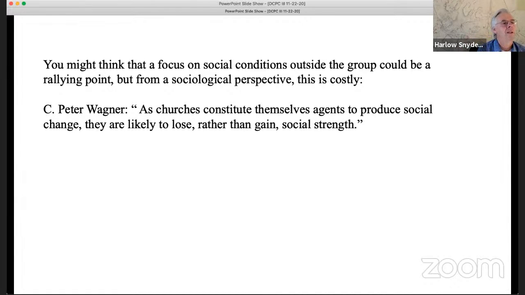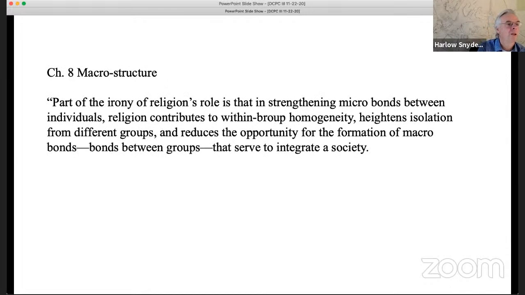A focus on social conditions outside the group, in fact, you'd think could be a rallying point, but from a sociological perspective, it's costly. And C. Peter Wagner, who's actually an evangelical sociologist, says as churches constitute themselves as agents to produce social change, they are likely to lose rather than to gain social strength.